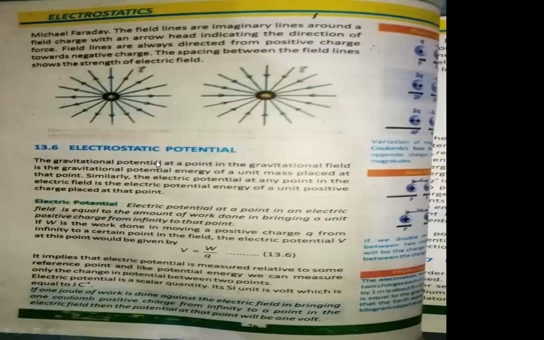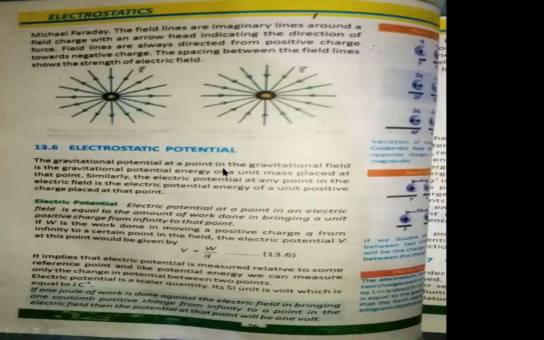In this paragraph, there are two concepts: one is gravitational potential and the other is electric potential. There is only a little difference between them.